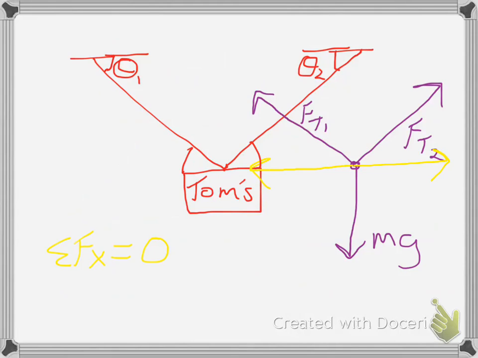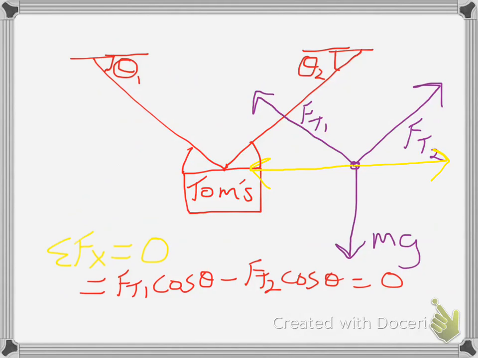And so if you happen to know the tension, or even if you don't, you could just set it up as, continuing on here, you could say that FT1 cosine theta minus FT2 cosine theta equals 0. And the reason I say that is because remember I've said that this was a concept of equilibrium.